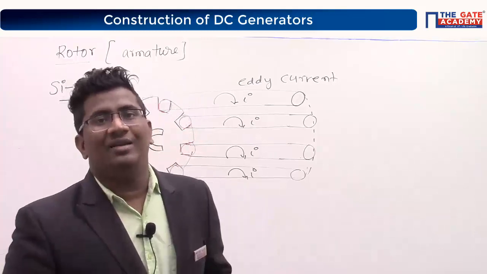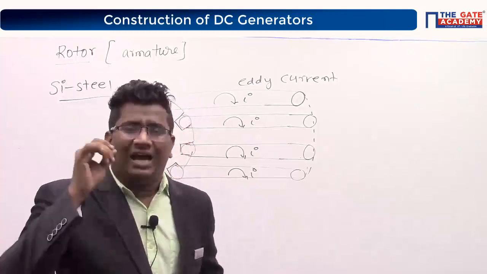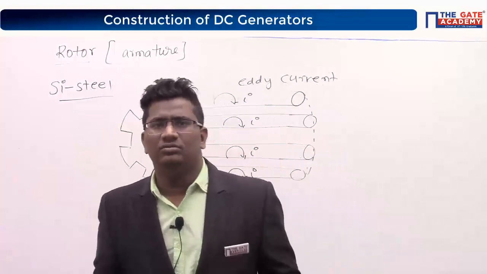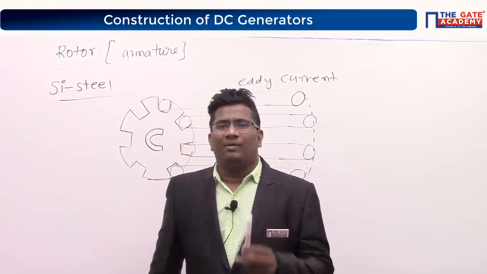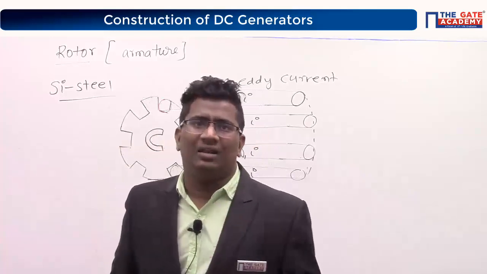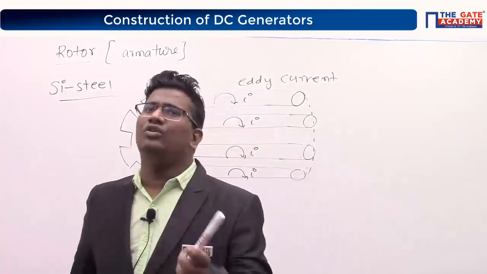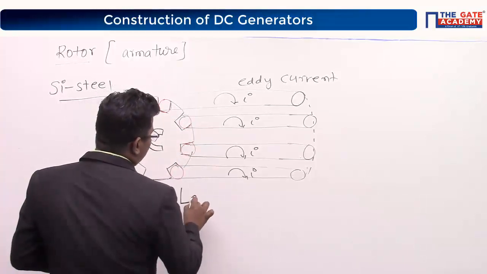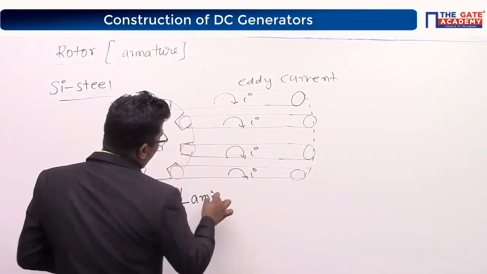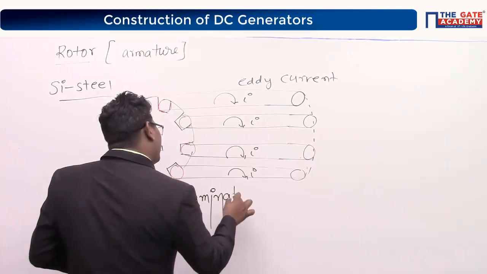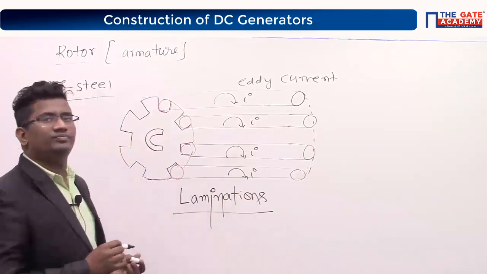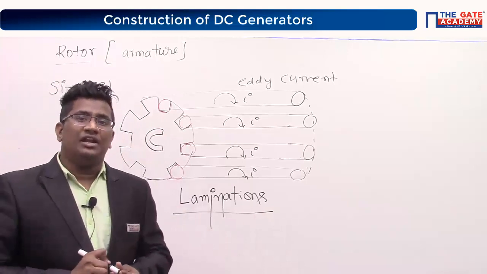Core loss. If core losses or iron losses are there, do you want to do lamination or not? Therefore your rotor core also must be laminated. Laminations are needed.